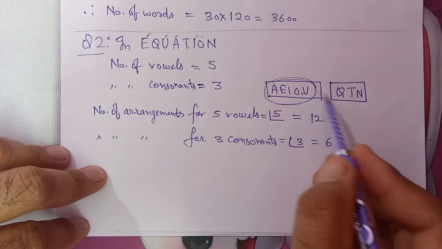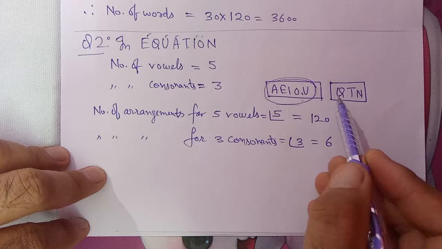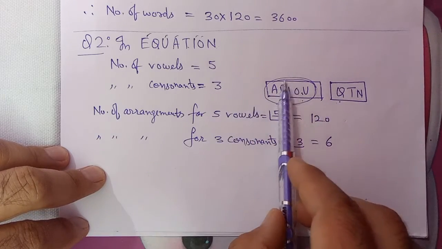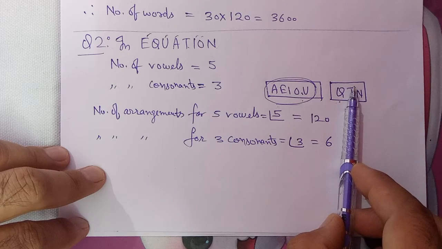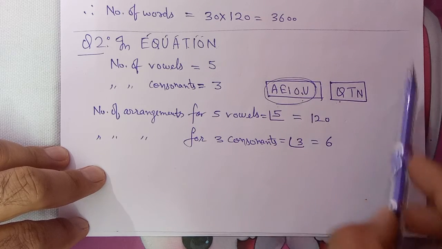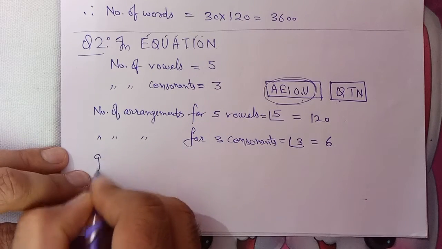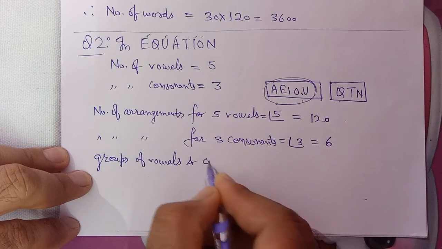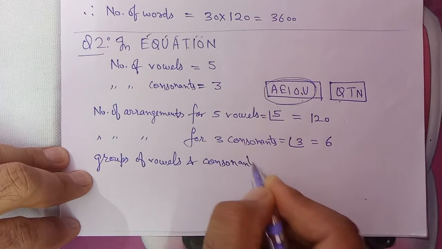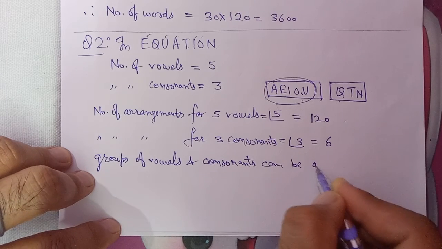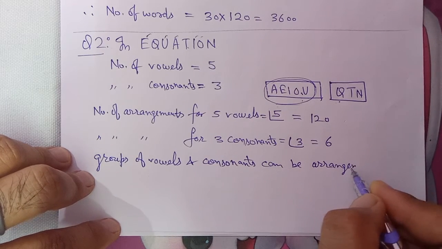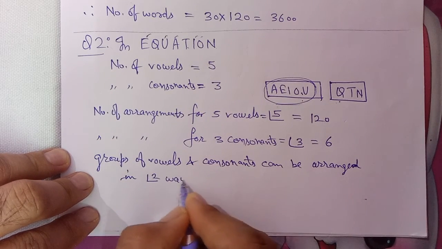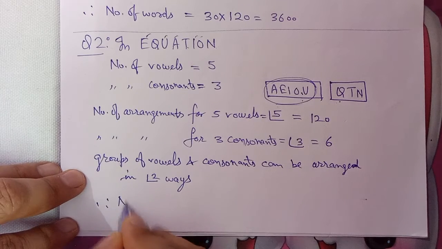And these two groups of vowels and consonants can also be rearranged in 2 factorial ways. Vowels and consonants, or first consonants and then vowels. Groups of vowels and consonants can be arranged in 2 factorial ways.